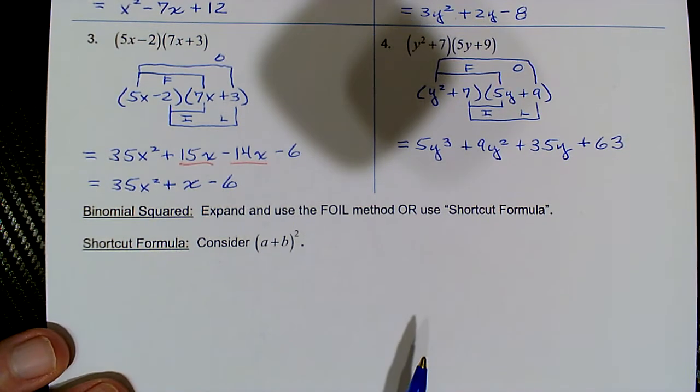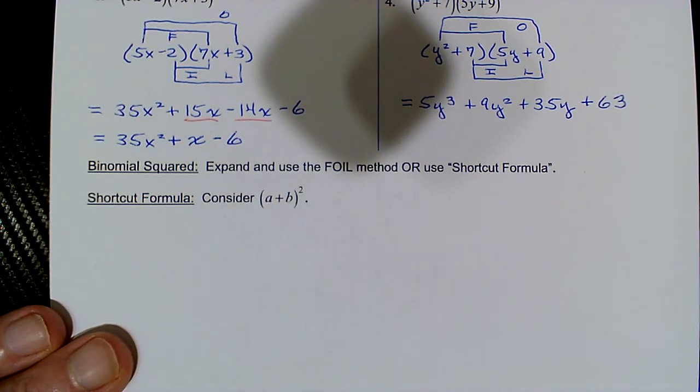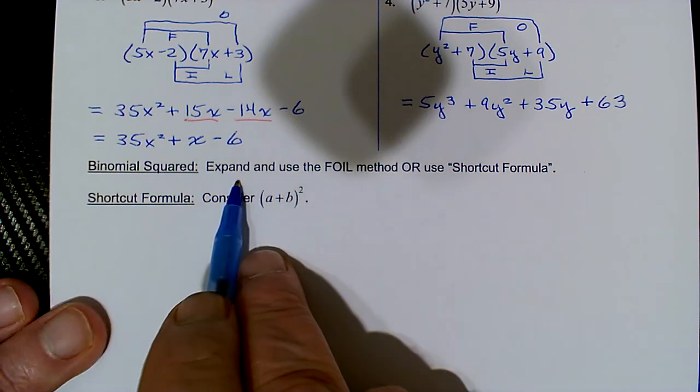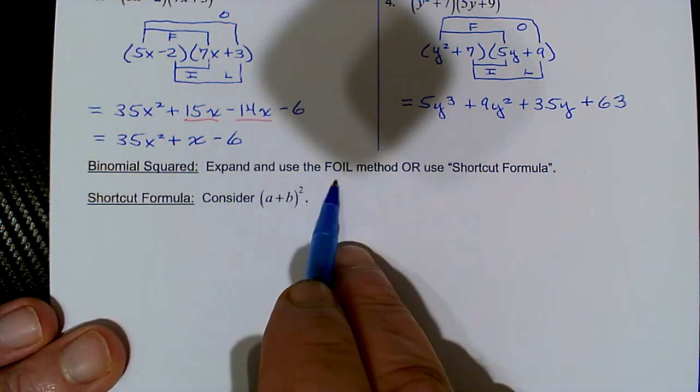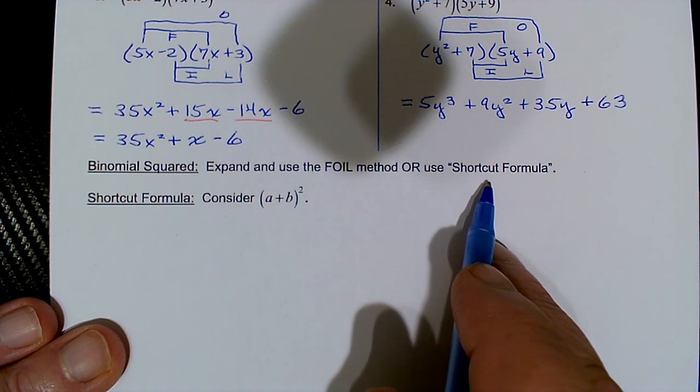Okay, so a special situation is a binomial squared. There are two ways you could do it. You could expand and use the FOIL method, or we can use a shortcut formula.